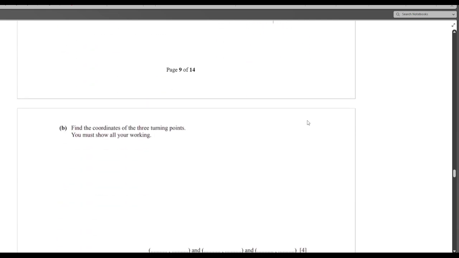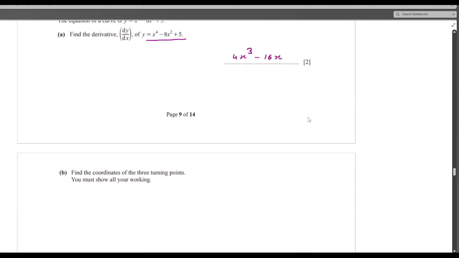Find the coordinates of the three turning points. You must show all your working. So for the coordinates of the turning points, your derivative should be equal to 0. That is 4x cube minus 16x equals 0.